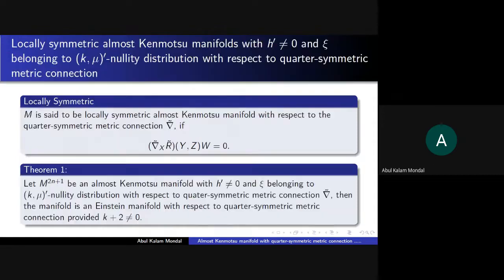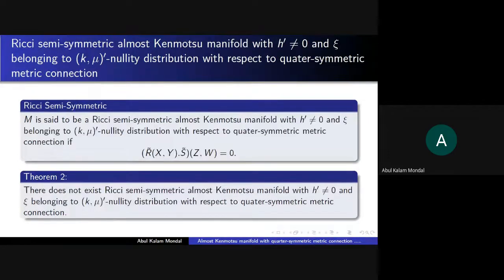And next we study the locally symmetric almost cosymplectic manifold with respect to the quarter-symmetric connection, and these are the definitions. We have the result that if we consider an almost cosymplectic manifold with ξ belonging to the (k, μ)-nullity distribution with respect to the quarter-symmetric connection, then the manifold is an Einstein manifold with respect to the quarter-symmetric connection provided k is not equal to −2.